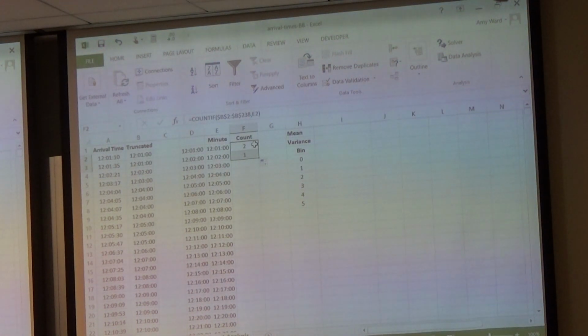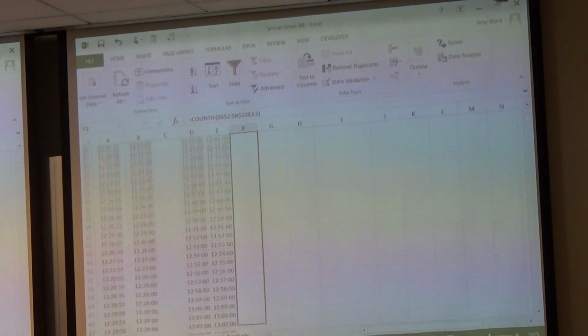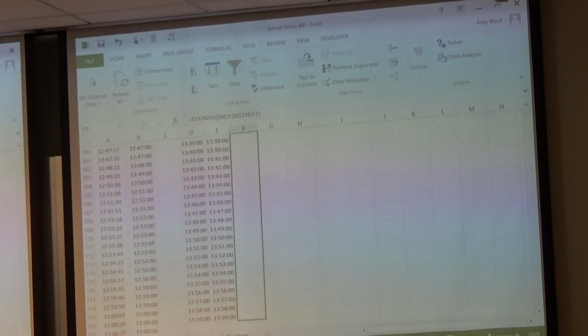So in column F, I'm generating every single minute, 12:01 to 12:02, 12:02 to 12:03, 12:03 to 12:04, the number of people I see arrive to my store in that minute. Is that clear? This is why I'm calling it a count analysis. And clearly, as we observed before, I don't have half a person arriving, it's always integers.